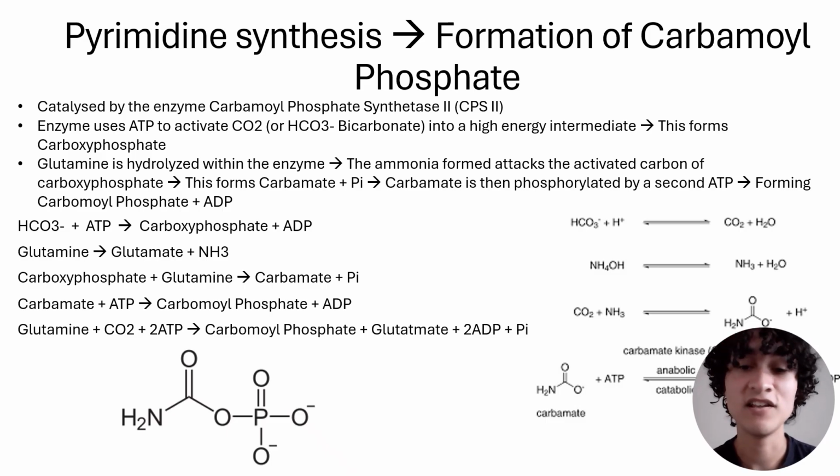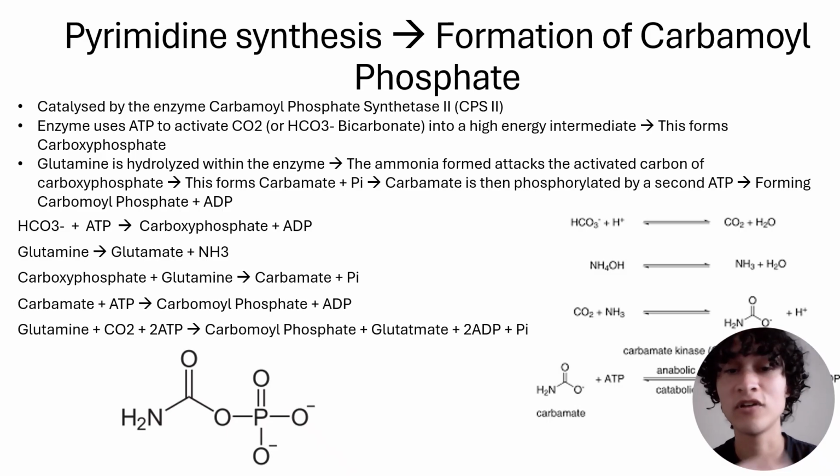But mechanistically speaking, there's a lot of steps, and I don't know exactly who needs to know what, depending on what exam you're doing, what university is teaching you. But the main takeaway is the first stage of pyrimidine synthesis relies on the formation of carbamoyl phosphate, and that's catalyzed by carbamoyl phosphate synthetase, which uses ATP to activate our CO2 to form our carboxyphosphate, and then that amine group from glutamine will form that carbamoyl phosphate.